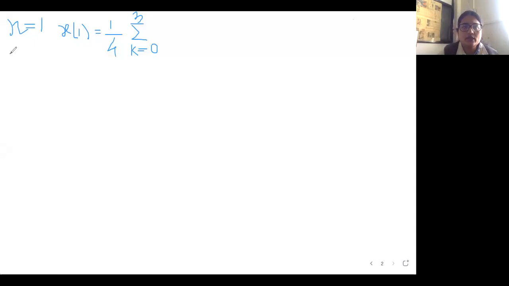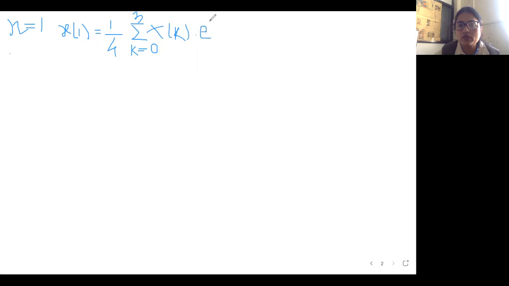Okay, so here what we have done, we have substituted n equal to 1. So x of 1 is equal to 1 by 4, with k varying from 0 to 3, of x of k followed by e raised to, what will be the exponent part?